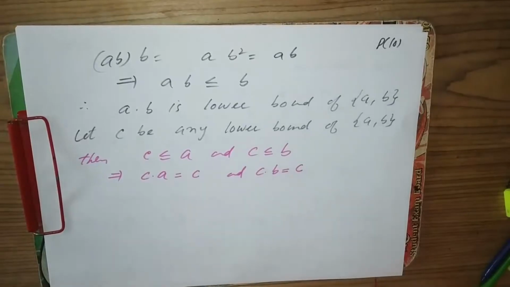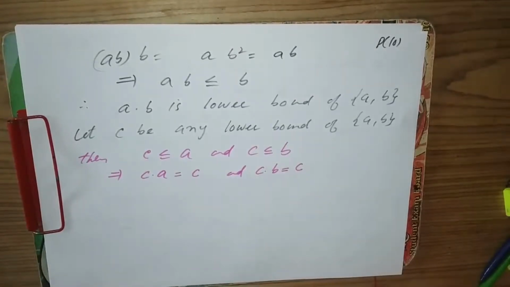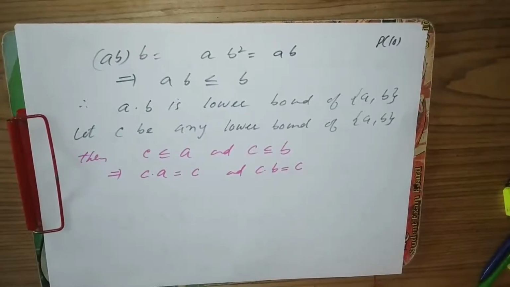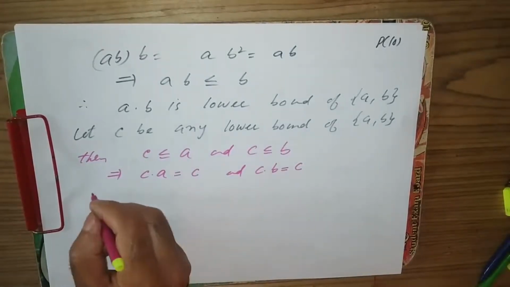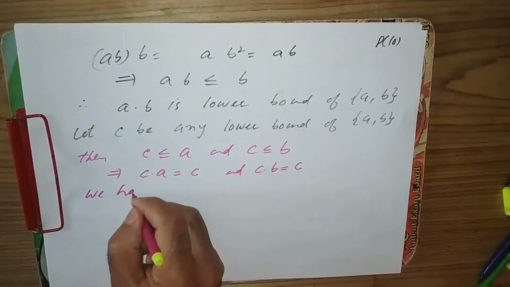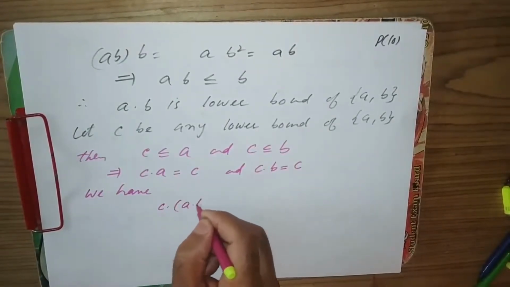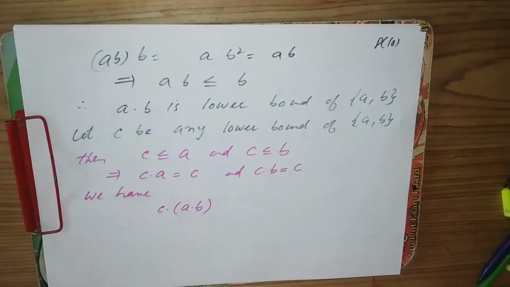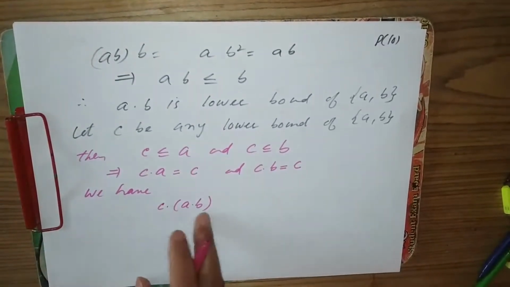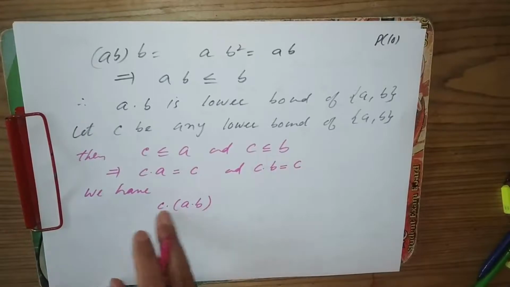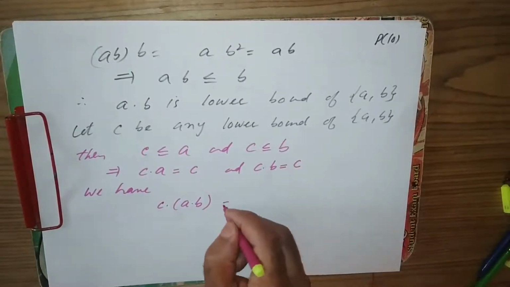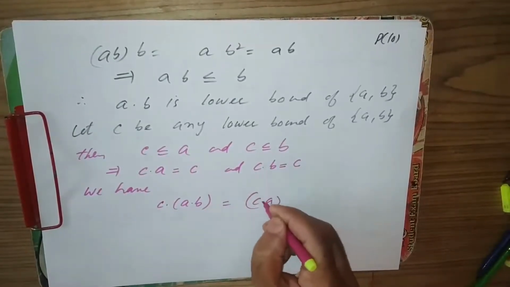Then we show that C is less or equal to AB. That means AB is greater or equal to every lower bound. For this we need to show that C dot AB is equal to C, and that's equal to C dot A by the associative property.